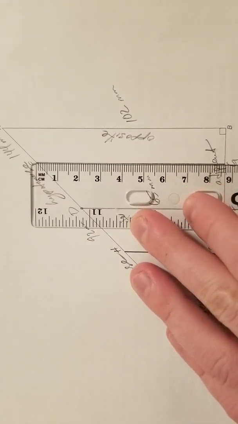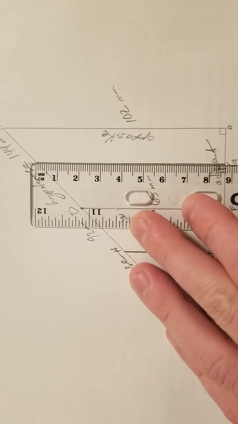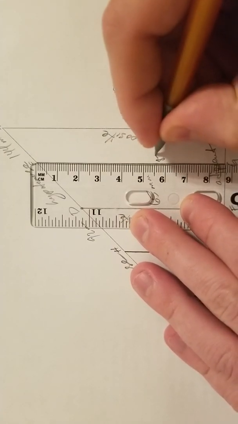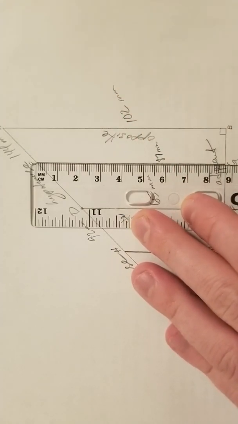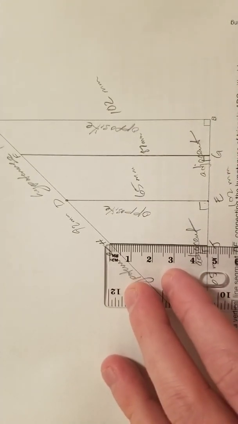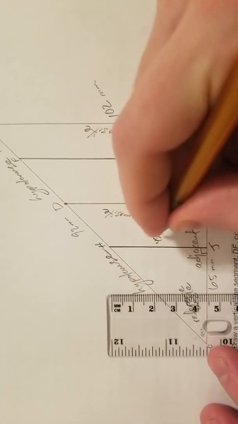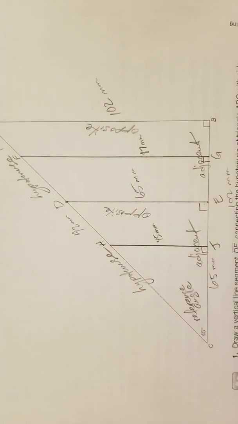Okay. The number that I'm getting for side FG is 87. This is 87 millimeters. And the number that I'm getting for HJ is 45 millimeters.